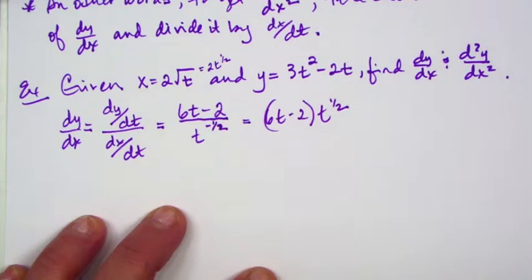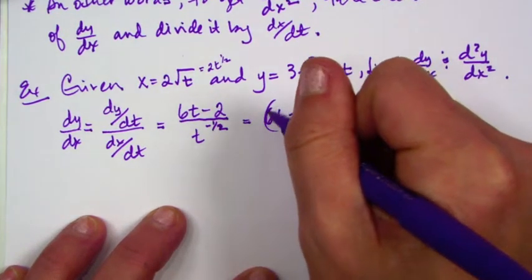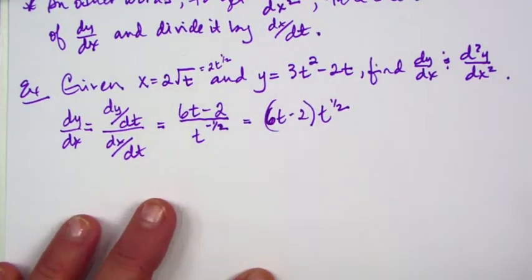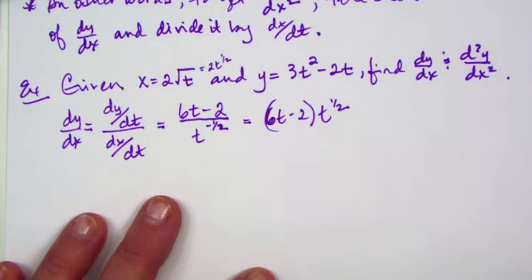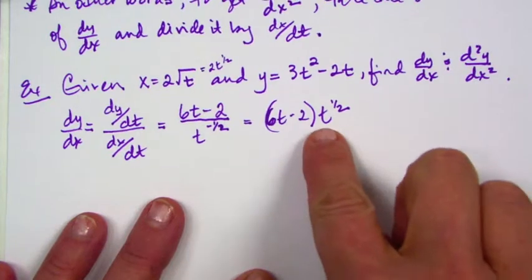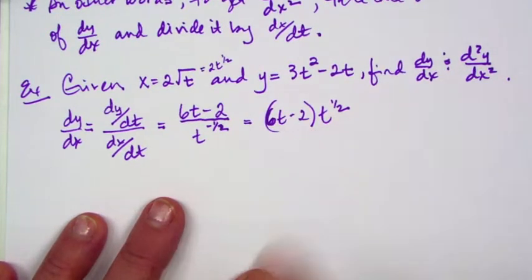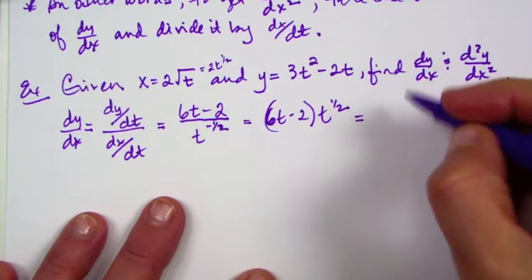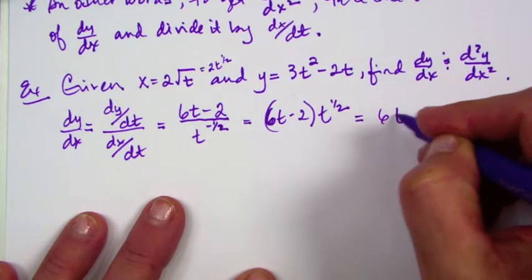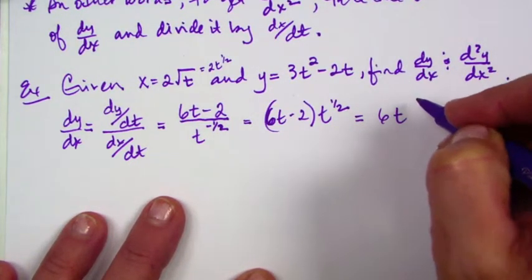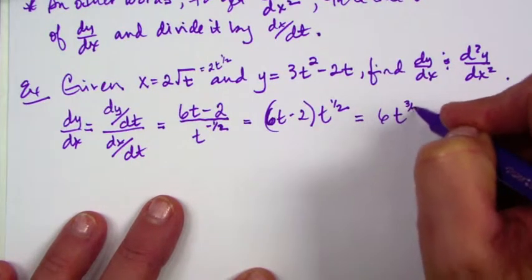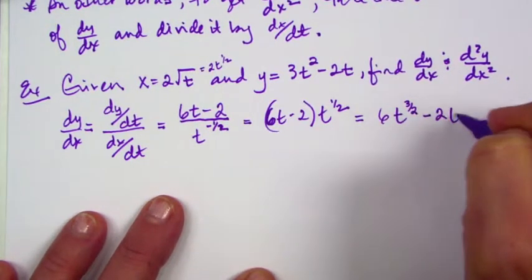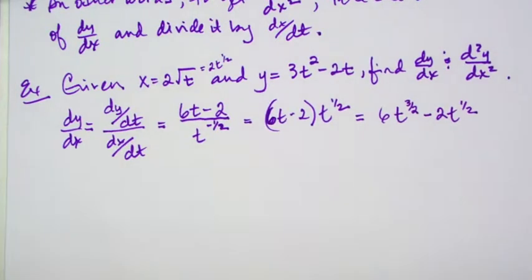I would distribute it back, instead of factoring out more, because I know I'm going to have to take the derivative of that. So let's avoid product rule or quotient rule if we can. So then this is 6t to the 3/2 minus 2t to the 1/2, right?